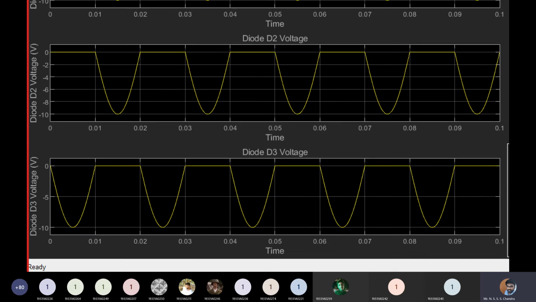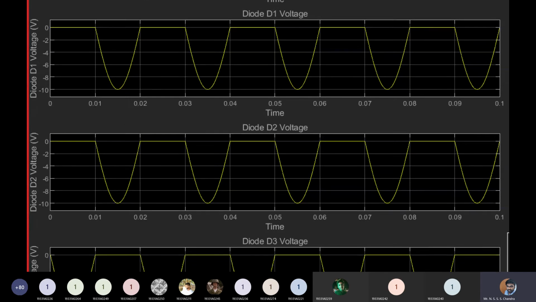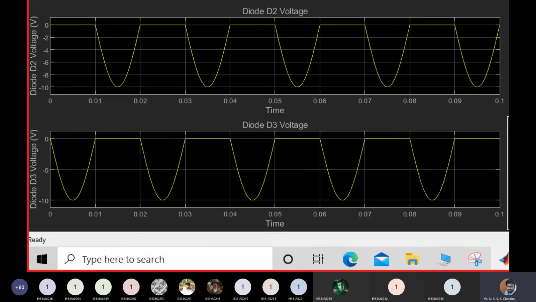For the diode D3, what are you seeing for the positive half cycle of the input, that is between 0 and 0.01 seconds? What is the voltage curve? It's 0 or a kind of sinusoidal nature?